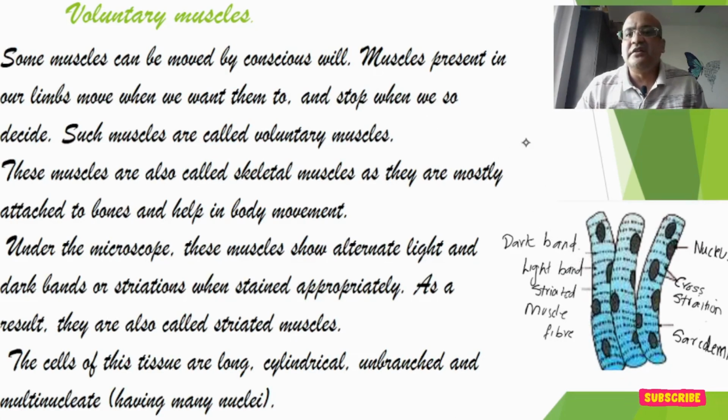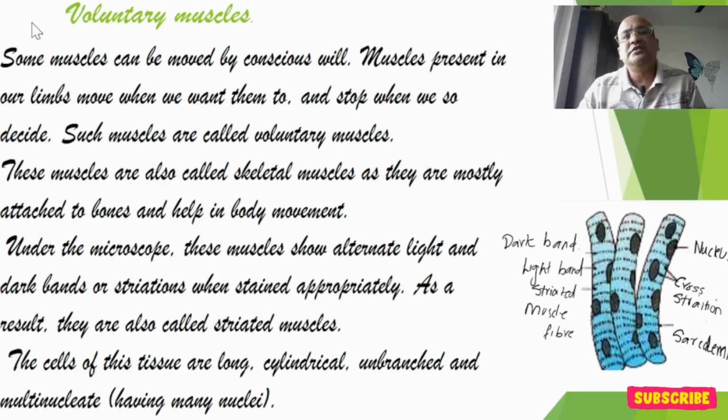Now let's see different types of muscles. The first type is voluntary muscle. Voluntary means that it is under our control, so some muscles can be moved by the conscious will.